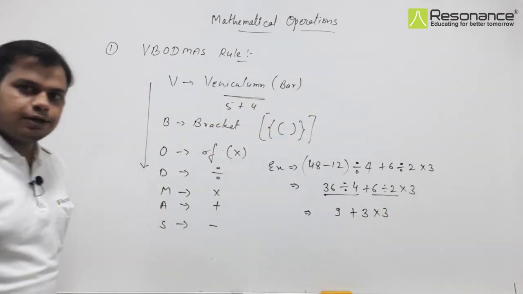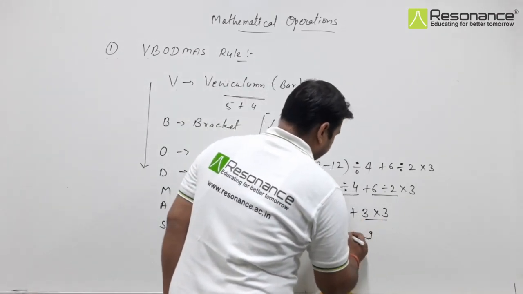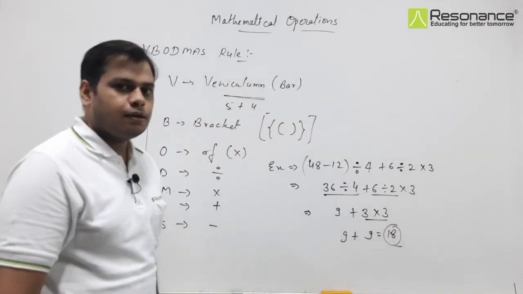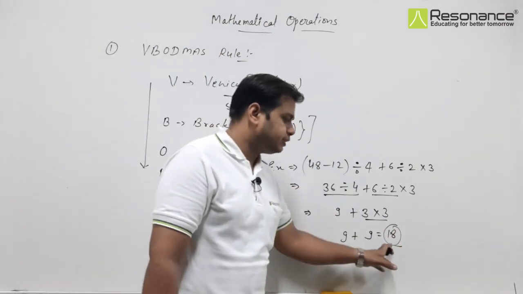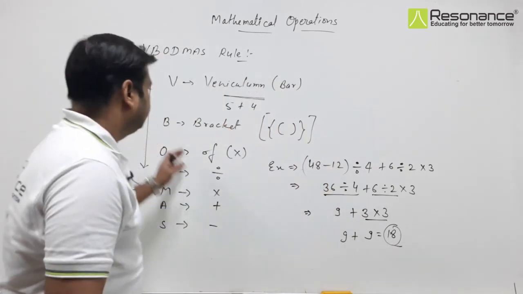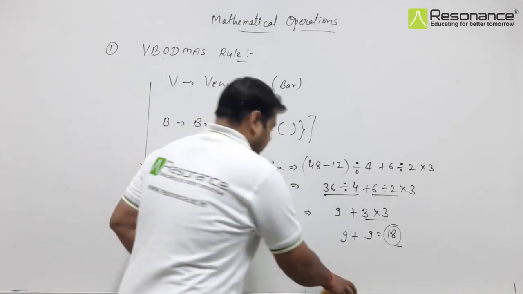Now we have to solve multiplication then addition. So 3 threes are 9. 9 plus 9 gives us 18. So the solution of this equation is 18. So this is how we have to solve any kind of equation by following this procedure.